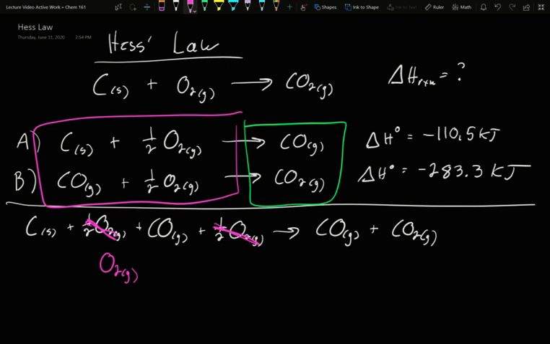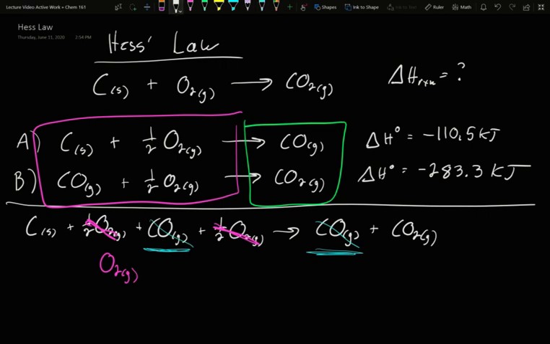Additionally, I have carbon monoxide on both sides. If you ever had x plus y equals x plus z, well, you can subtract x from both sides and end up with y equals z. If you have something on both sides of an equation, you can cancel them. One CO on both sides will cancel out.